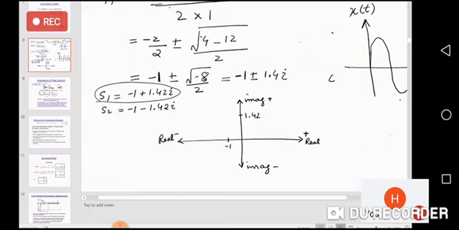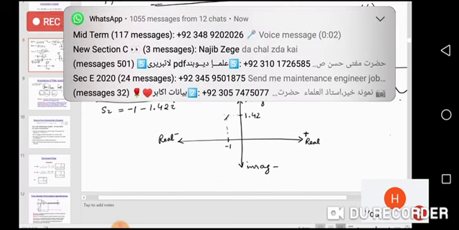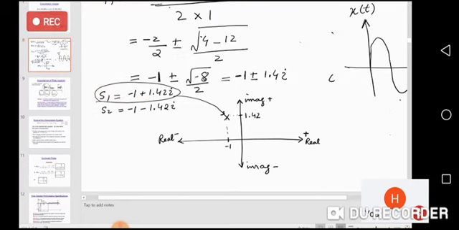Our first pole will be the intersection of these two points, and this corresponds to -1 plus 1.42 iota. For the second pole, it is -1, the same value, but the imaginary part is now -1.42.